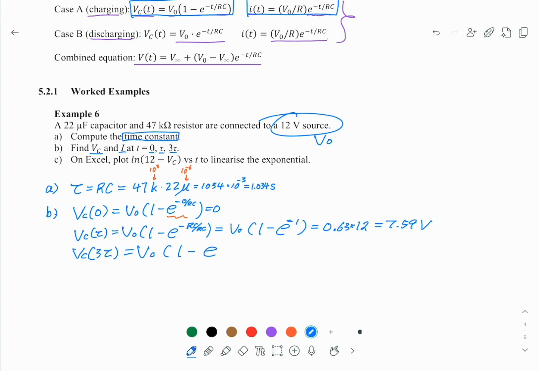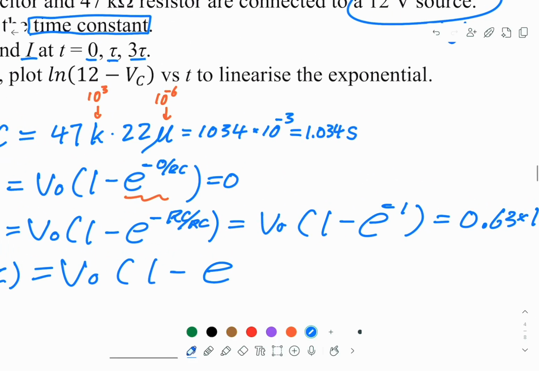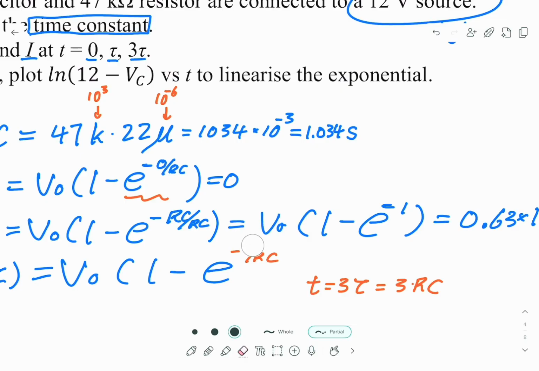Now it should be minus t over RC, but here t equals 3 time constants, and each time constant is RC. So we should replace this with 3RC over RC.